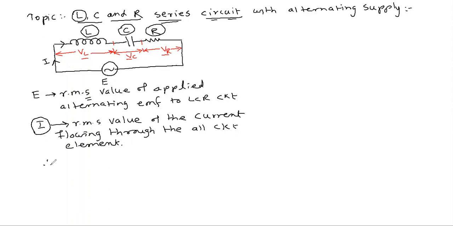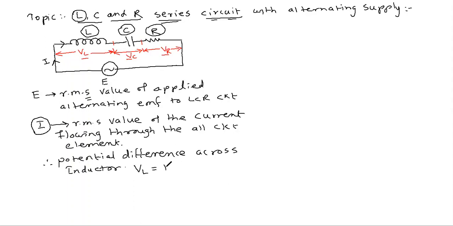Therefore, the potential difference across the inductor, which is given by VL, is equal to I into XL.